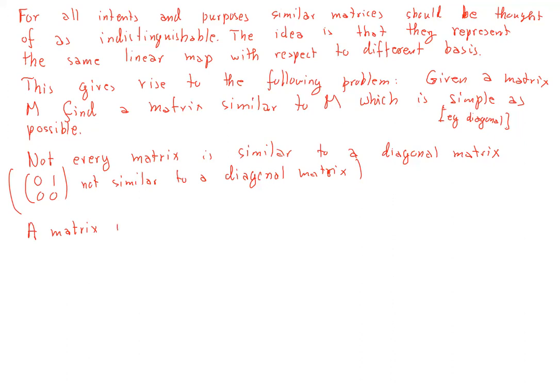So a matrix is called diagonalizable if it is similar to a diagonal matrix.